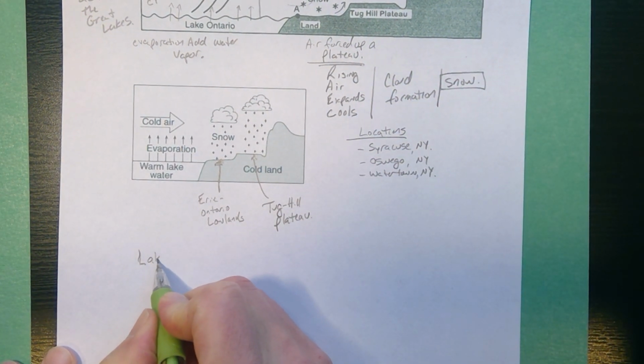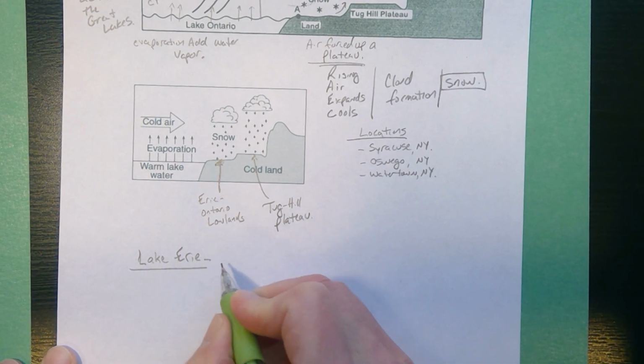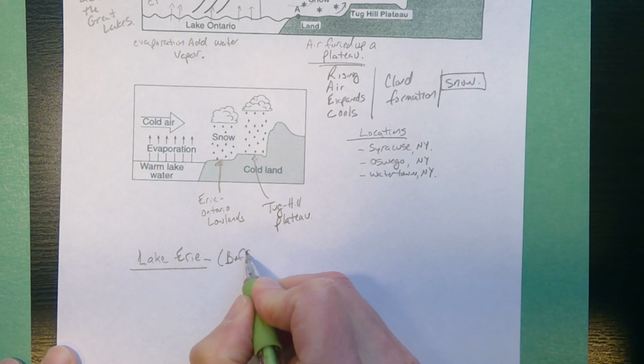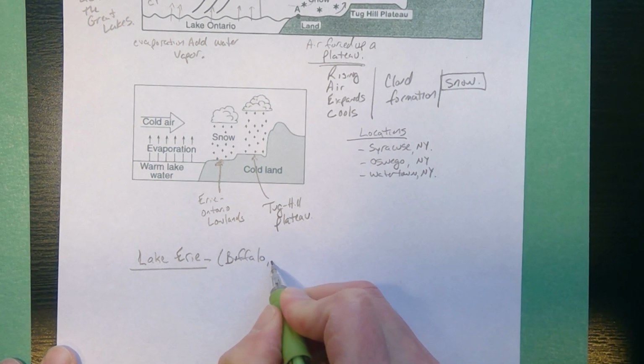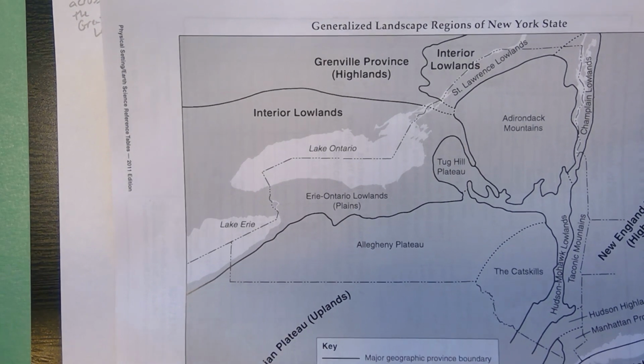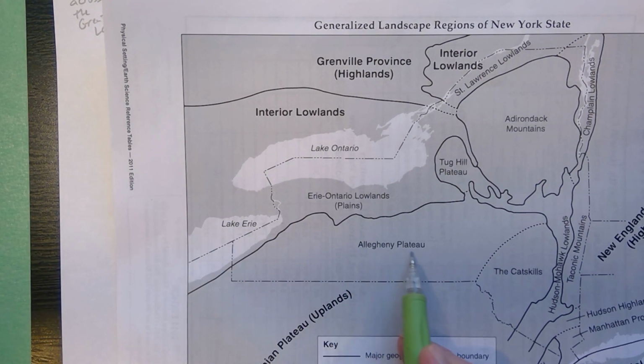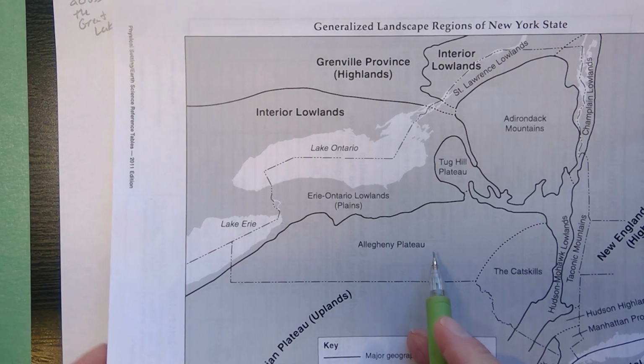Now, we also get lake effect snows if we're dealing with Lake Erie. Lake Erie is essentially what gives Buffalo, New York, incredibly high snowfall totals. If you go to Buffalo State, they have tunnels between the buildings, so if it snows, it doesn't matter, you can still get to your classes. But if we're looking at Lake Erie, here's Lake Erie. You've got the Erie, Ontario lowlands, but then right next to it, you have the Allegheny Plateau.